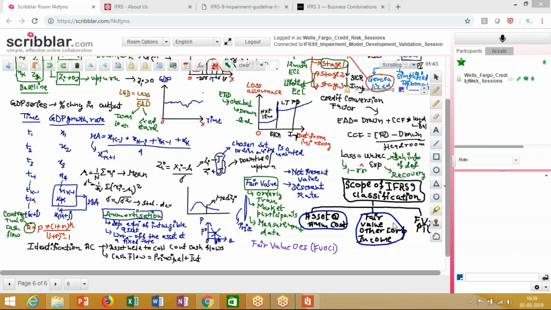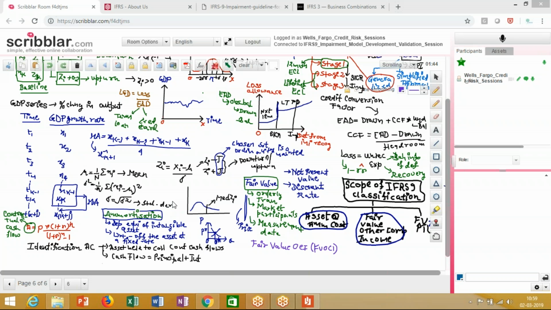So before I move on, let's quickly recap whatever we had done, and then we'll start with the next portions. We talked about the amortization part, where we said that for an asset to be identified at amortized cost, number one, the asset must be held to collect contractual cash flows, and the cash flows should comprise principal plus interest.